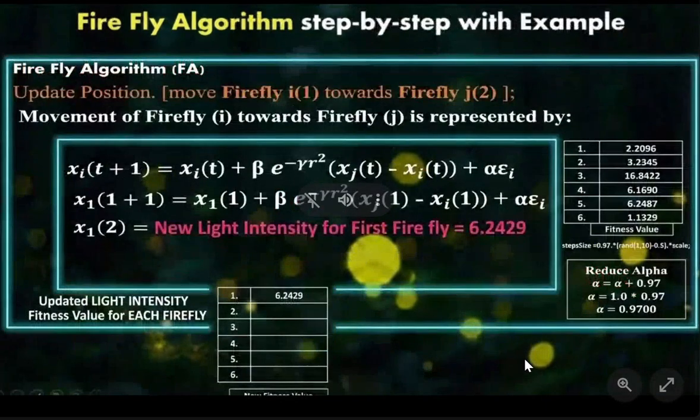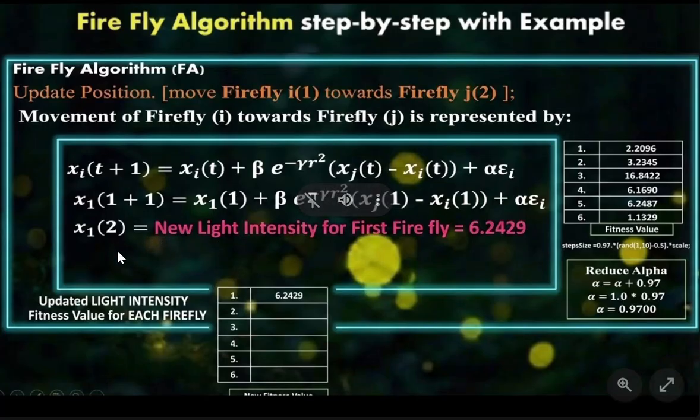The next step is the actual movement calculation. We calculate the movement determined by the Firefly algorithm, which is as follows: x of i of t plus 1 is equal to x of i of t plus beta times the attractiveness function applied to the difference between the positions, plus some bias, which is alpha times epsilon i.